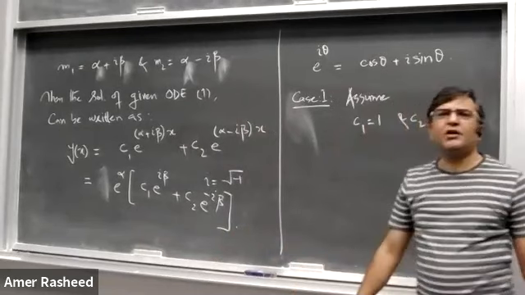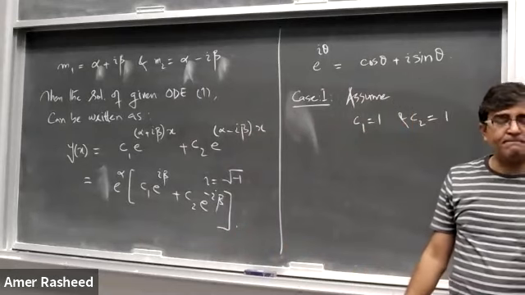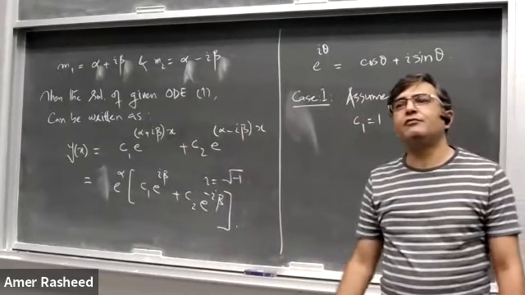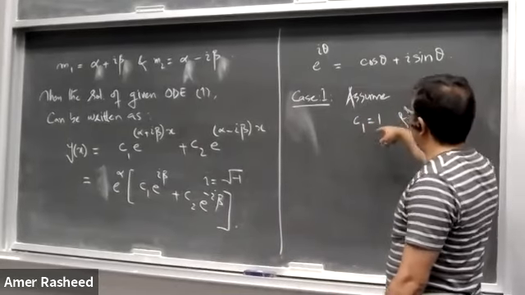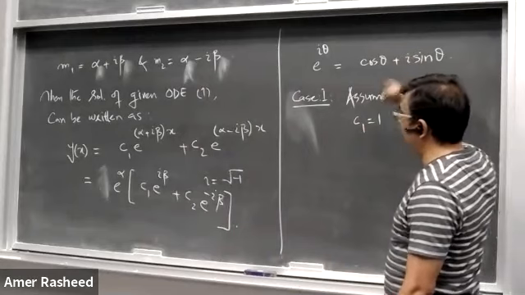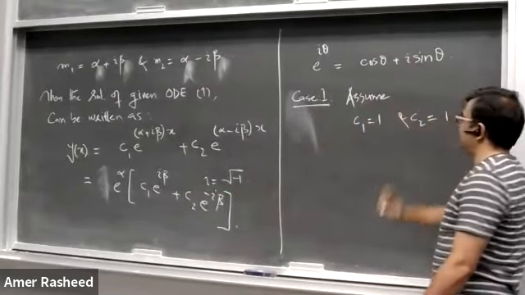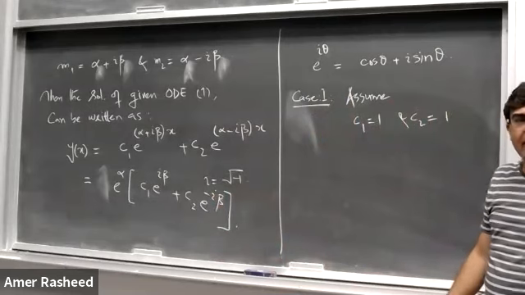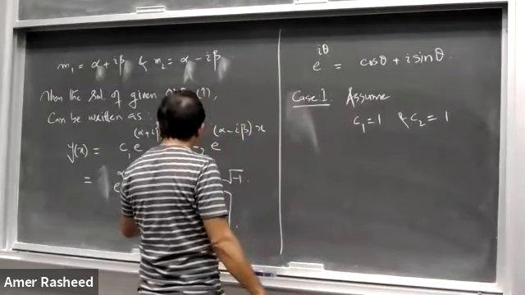Because C1 and C2 are arbitrary constants, we can take any of their values from the set of real numbers. So for the purpose of simplification of this solution, we assume that C1 is 1 and C2 is again 1. Now, what do we have here?